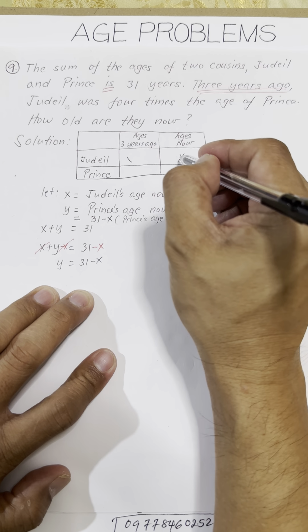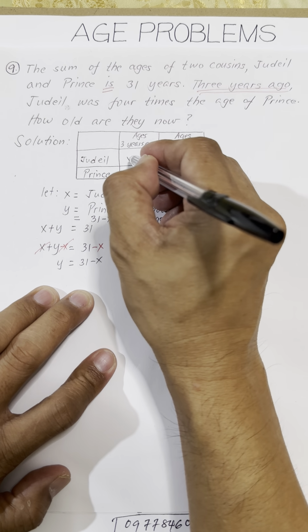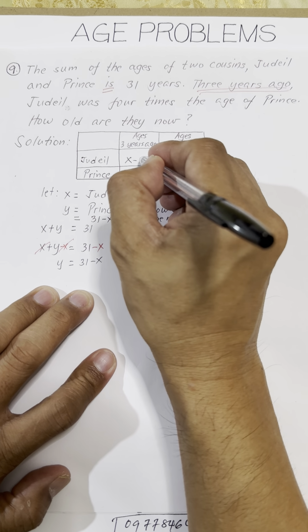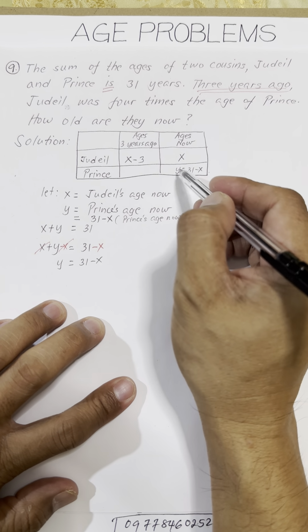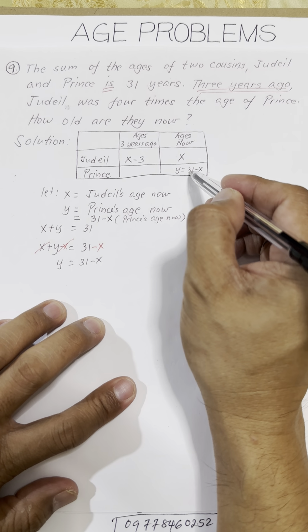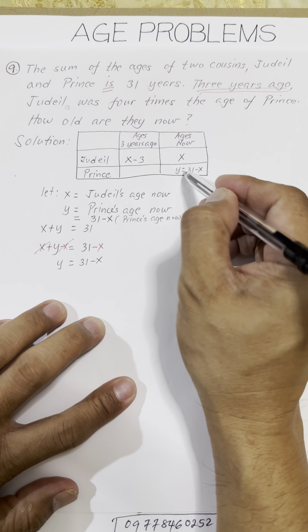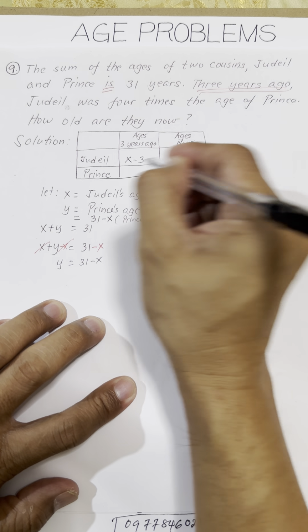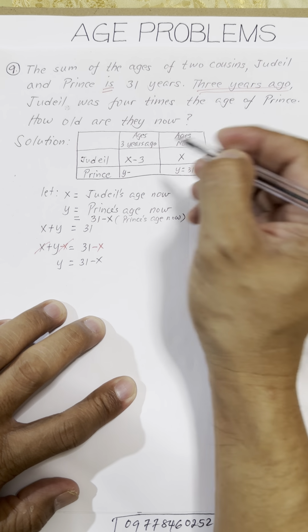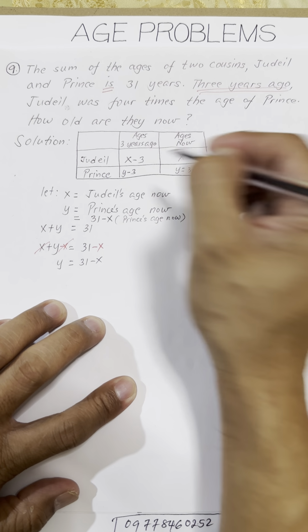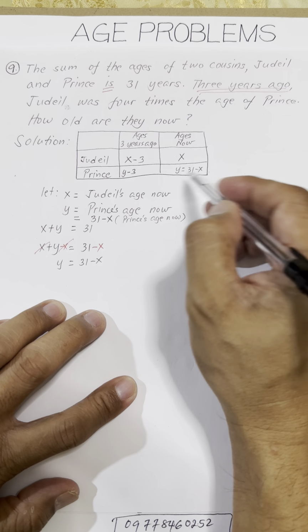So if Judel is X years old now, then 3 years ago, X minus 3. Now, 3 years ago, if Prince now is 31 minus X or Y, so you can say Y minus 3, right? Y minus 3, 3 years ago.